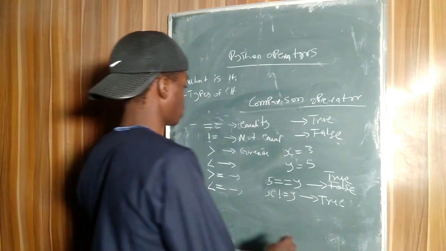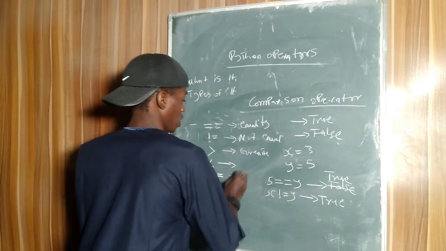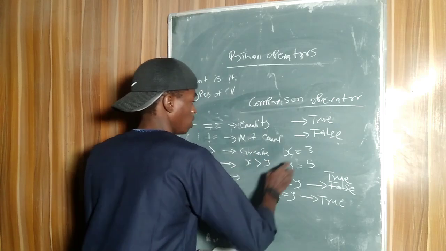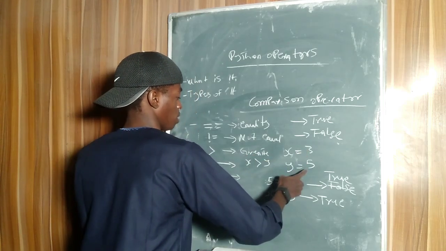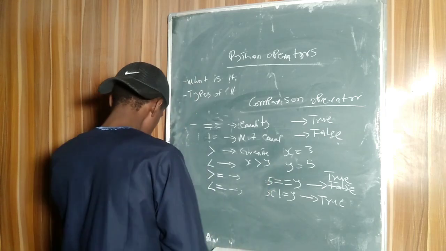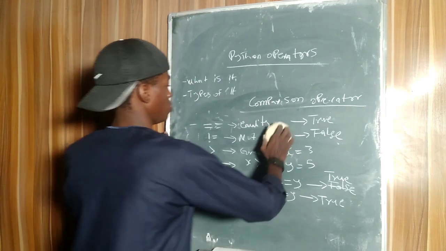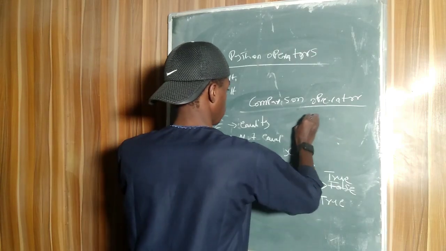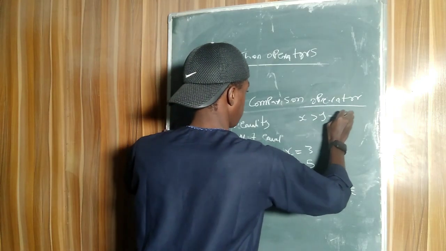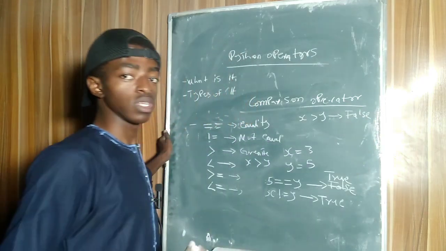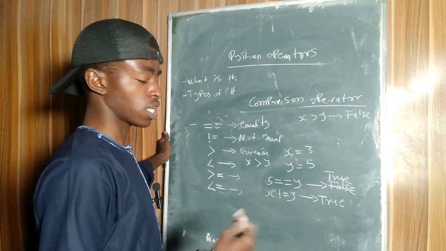And then we have greater than. If I ask, is x greater than y? x is 3 and y is 5. 3 is not greater than 5, so you're going to get the output of false. So how do you differentiate between greater than and less than?